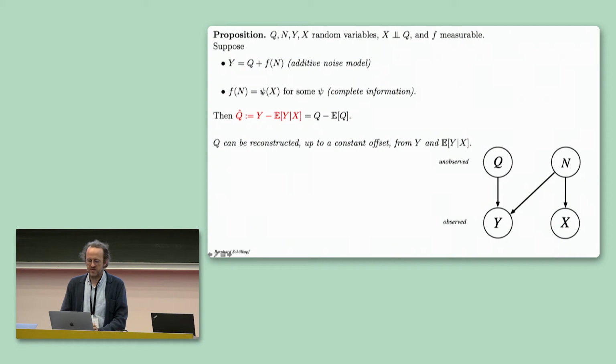We don't need to know this function phi. If we assume this, then it turns out, and it's almost too good to be true, that if we subtract the regression of y on x from the observation y, then what we get is the original signal q, the astrophysical signal, up to an offset. And this is an equality of random variables, so it's almost surely. So this is quite surprising.